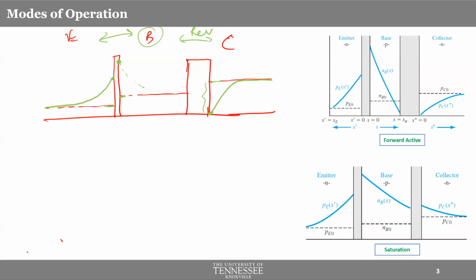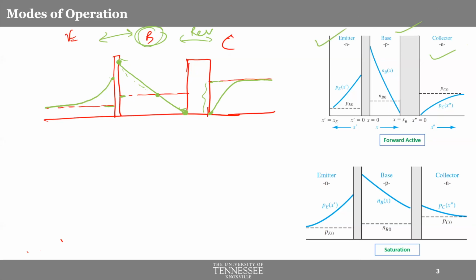For base, it should start from here because, again, reverse biasing. So in the base, this end starts here and this end starts here, right? Two different ends. So all you have to do is just connect them. So you'll have a crossover point somewhere in the middle of the base.